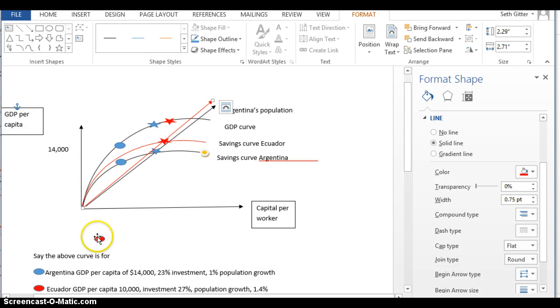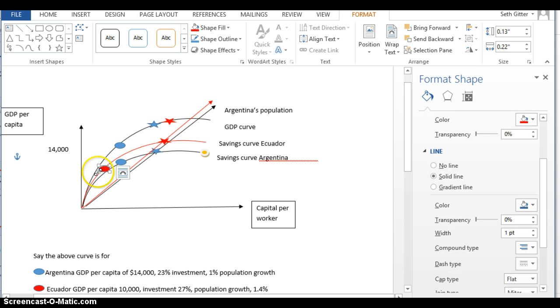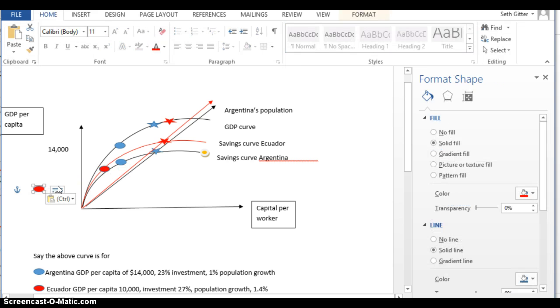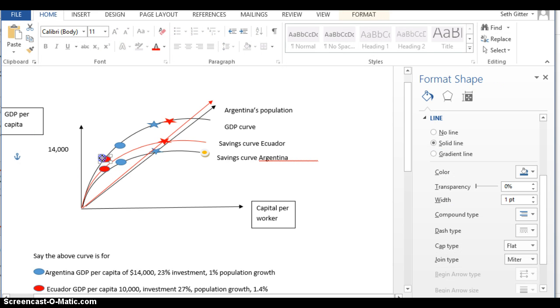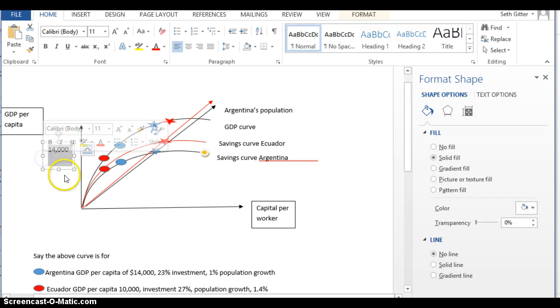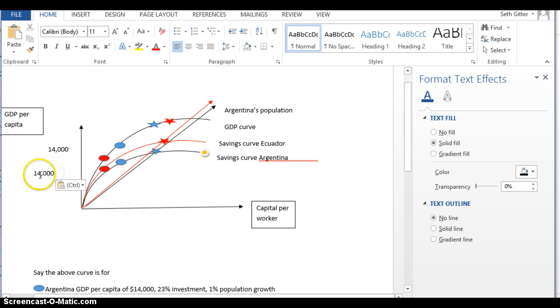All right, so then let's put Ecuador on the curve here. So let's say that they're right here, and right here. And then we'll label it as 10,000. Now, one of the things you'll notice is that my graph isn't super to scale.